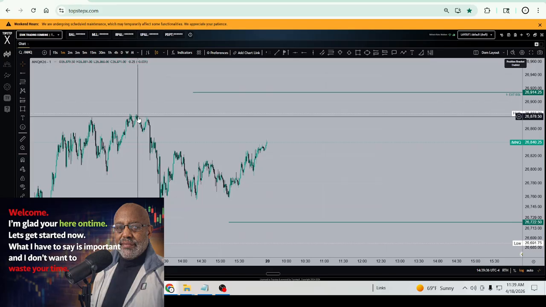If you're trading the Dow, which most people don't, that one doesn't move that quickly. If you're trading the S&P 500, that moves differently because there's more stocks in it. But it seems to be a correlated pair to the Nasdaq.